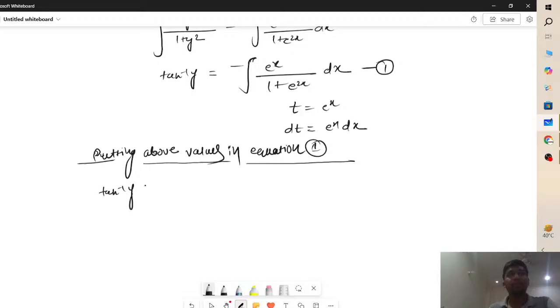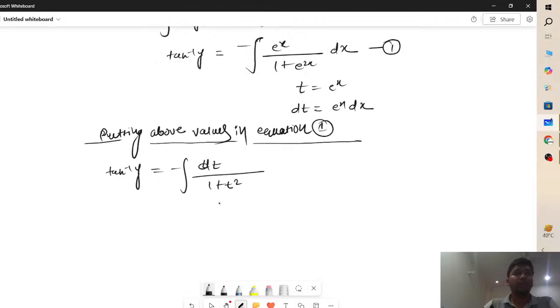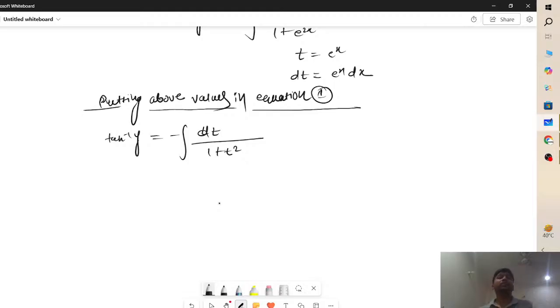Tan inverse y equals minus the integral of dt by 1 plus t square. Now can you tell me what is the integration of 1 by 1 plus t square with respect to t? Which is minus tan inverse t plus c, right?